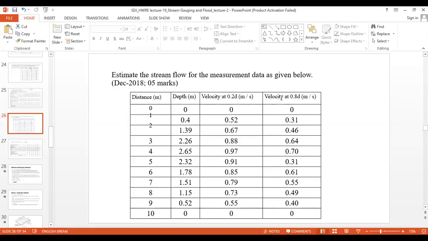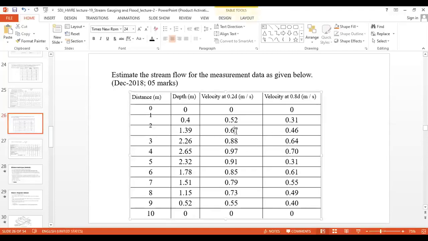It means that you will be required to find out the average velocity, and after finding it you have to calculate the discharge. Q is equal to area into velocity.